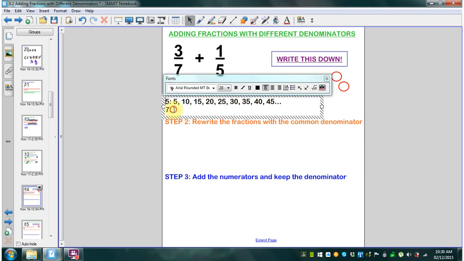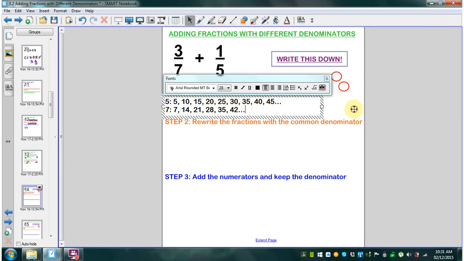Okay, and now we have multiples of 7. 7 times 1 is 7. 7 times 2 is 14. 7 times 3 is 21. 7 times 4 is 28. 7 times 5 is 35. 7 times 6 is 42, and so on.